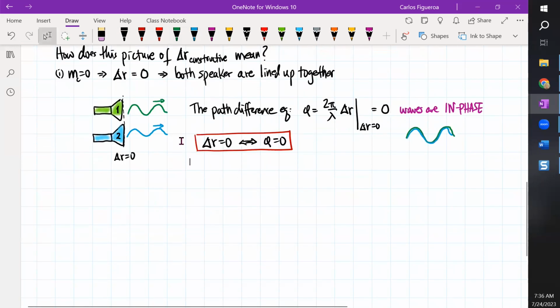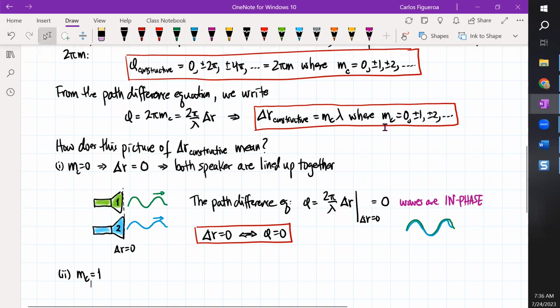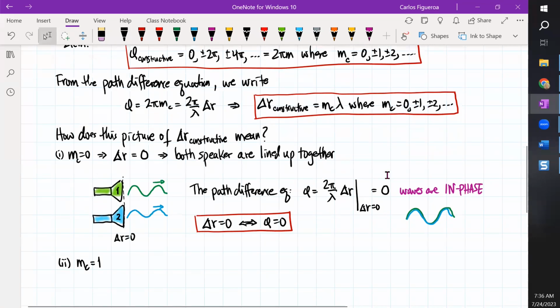Now let's go to the next picture. If I go to the next one, I'm going to say MC equal to 1. And what does that mean? Well, according to our relationship up here, if MC is equal to 1, then the path difference must be a wavelength.